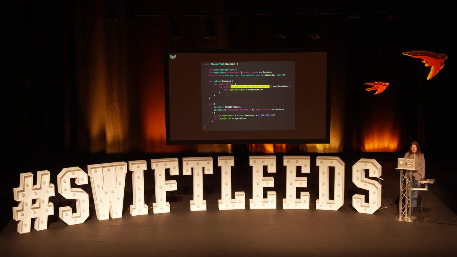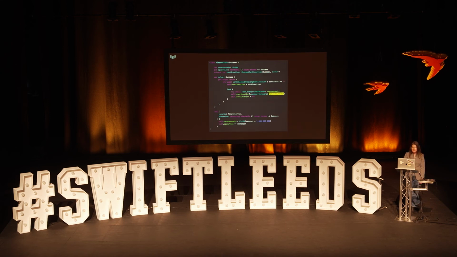And inside the getter, you start by calling with checked throwing continuation to get a continuation. So this lets you either complete successfully or throw an error if the operation times out. Then we add the asynchronous task that sleeps for the given number of seconds. We can use the stored continuation to throw a timeout error.